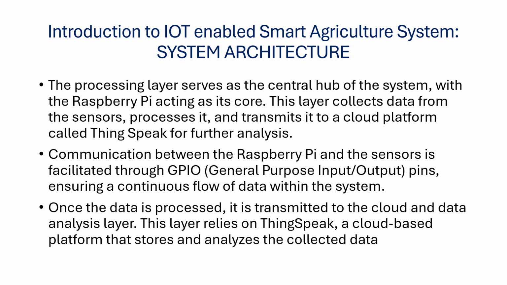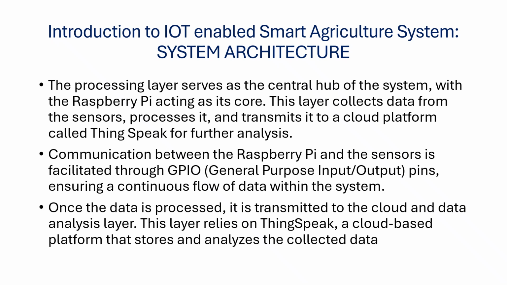The input output pins are present on the microcontroller, and the sensors have a VCC pin, data pin and ground pin. So the data is transmitted from the sensor to the Raspberry Pi through GPIO pins. You can use jumper wires to connect the sensors to the Raspberry Pi, and the data will flow from the sensors to the Raspberry Pi with the help of jumper wires.